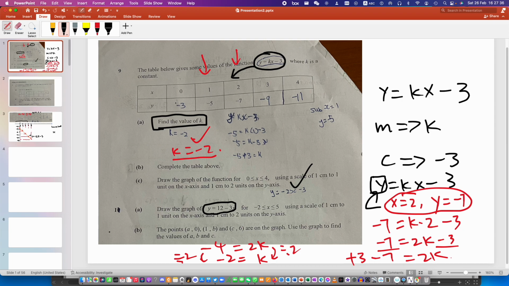The x is here. But x is 1 cm to 1 unit. Erase this. It looks so ugly to me.